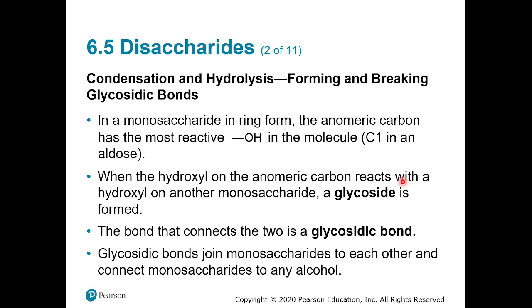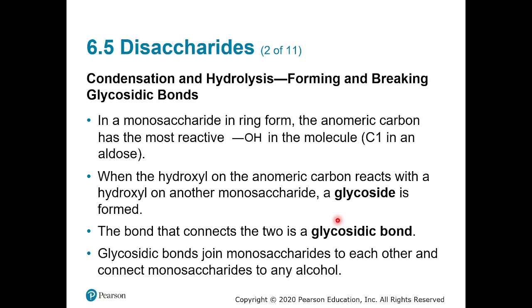Guess what? Okay, so let's talk about the condensation and hydrolysis reactions that are forming and breaking what are called glycosidic bonds. So in a monosaccharide in ring formation, your anomeric carbon is going to have the most reactive OH in the molecule, and that's going to be your C1 in aldoses. When the hydroxyl on the anomeric carbon reacts with a hydroxyl on another monosaccharide, you're going to have a glycoside forming.